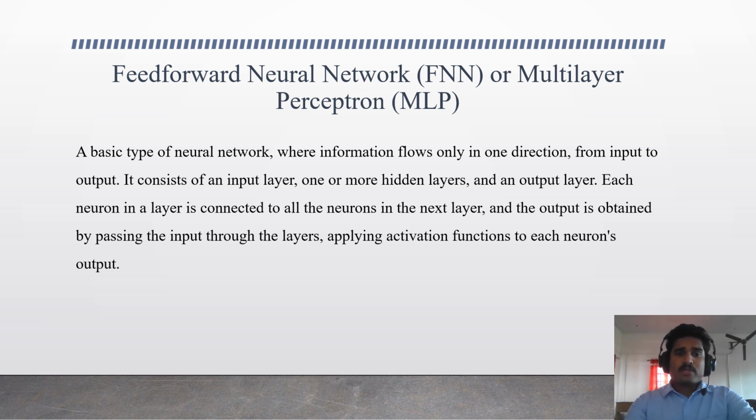Each neuron in a layer is connected to all neurons in the next layer, and the output is obtained by passing the input through the layers, applying an activation function to each neuron's output. It is not a complicated one, just a simple one.